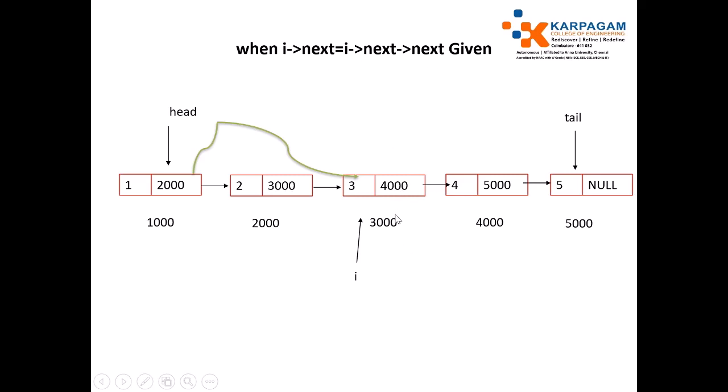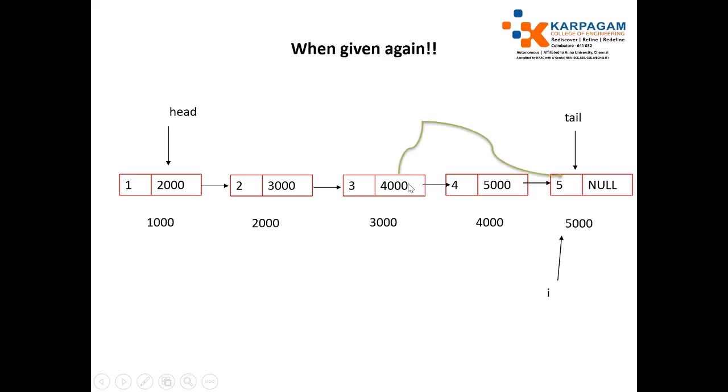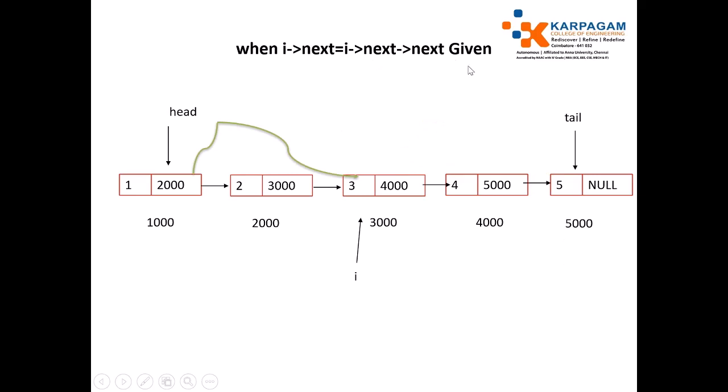When I give I of next equal to I of next of next, automatically one node is skipped. So after deleting 2, we have 1 and 3 followed by 5. This node is skipped because we have given I of next equal to I of next of next.